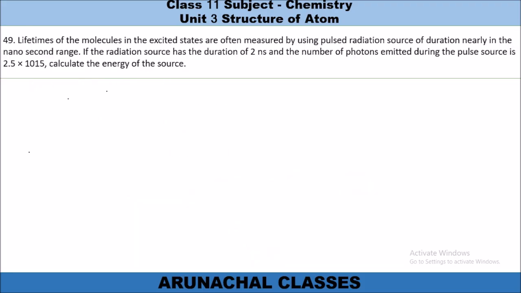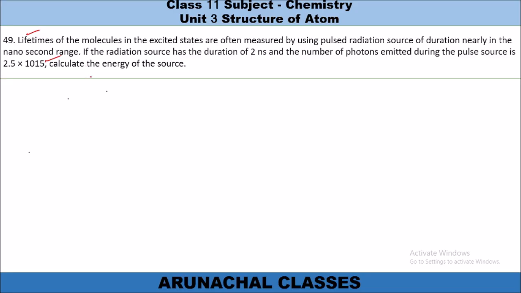Moving to question number 49. In this question we can see lifetimes of a molecule in the excited state are often measured by using a pulse radiation source of duration nearly in the nanosecond range.